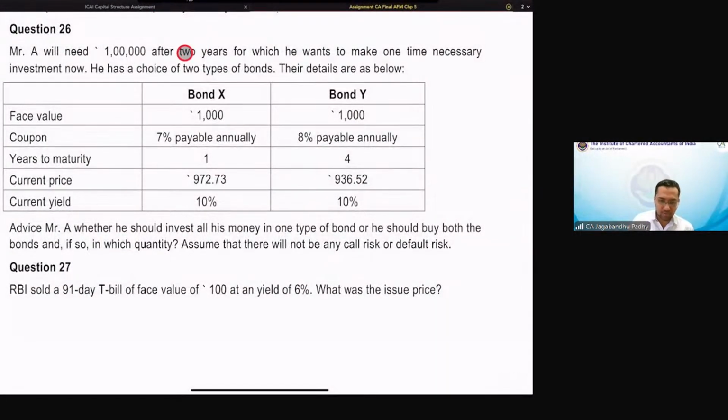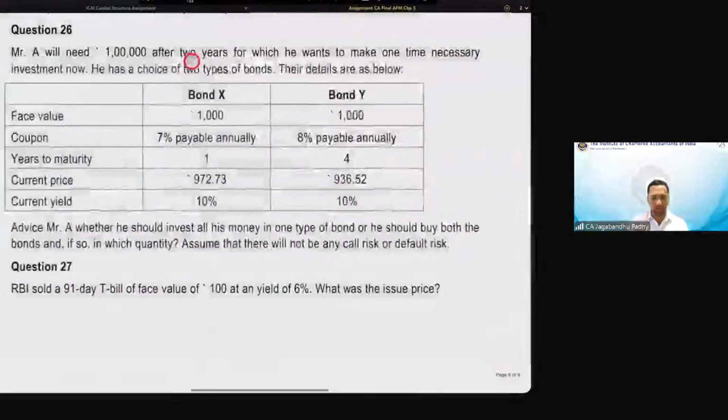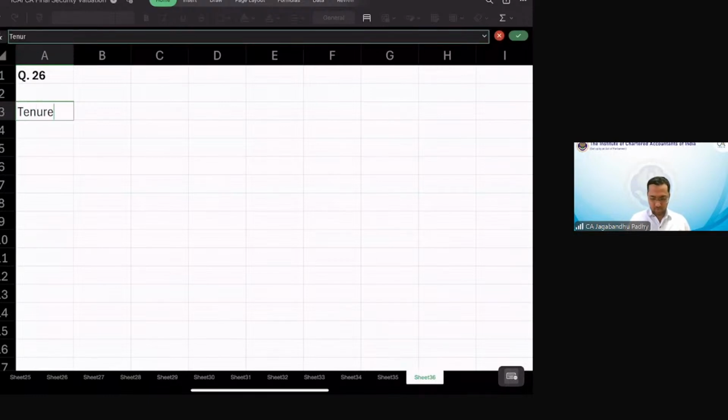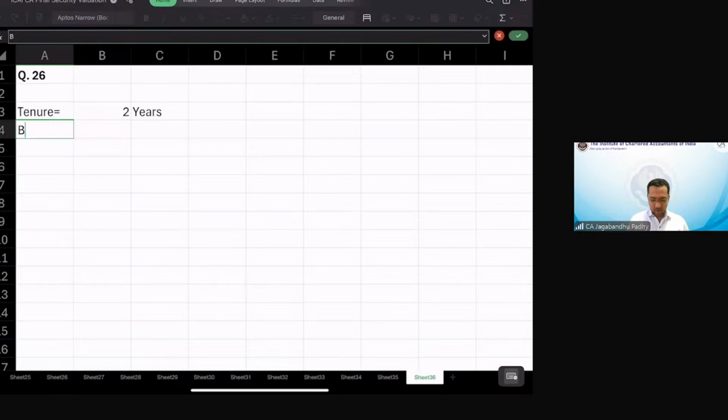We'll need the money after 2 years, right? So we need that 1 lakh rupees. We need that 1 lakh rupees after 2 years. Okay. So tenure is, let's say, 2 years, guys.